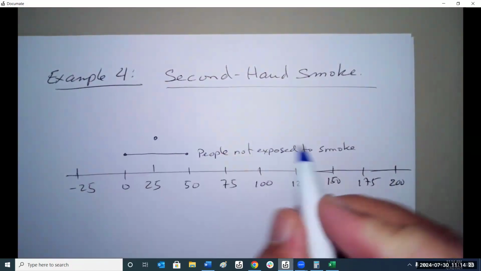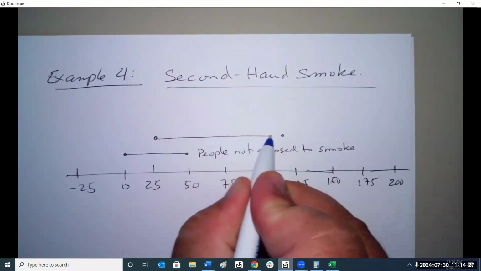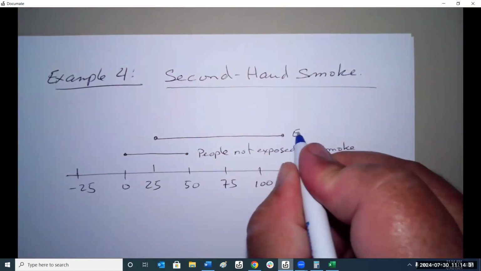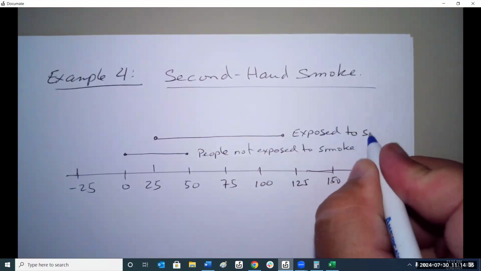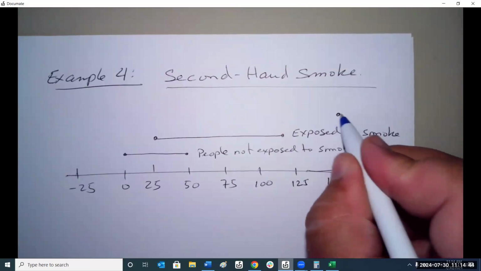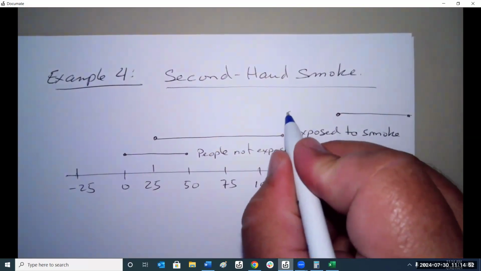People exposed to smoke. And then smokers, from 150 to about 220. That's perfect. And these are my smokers.